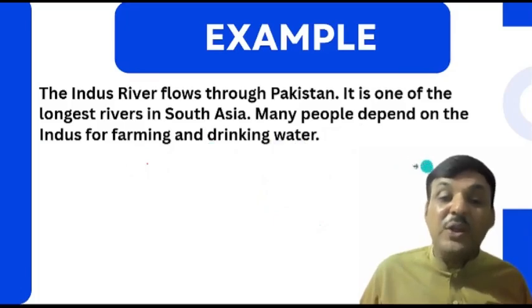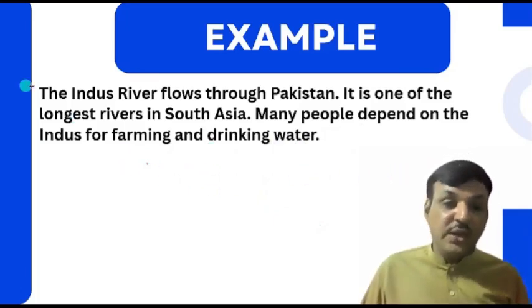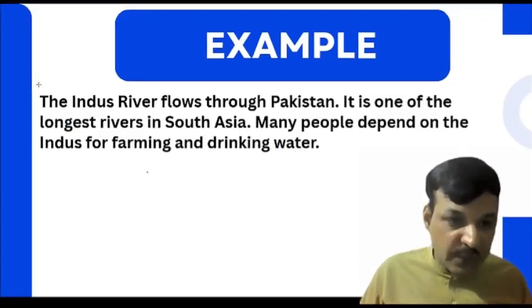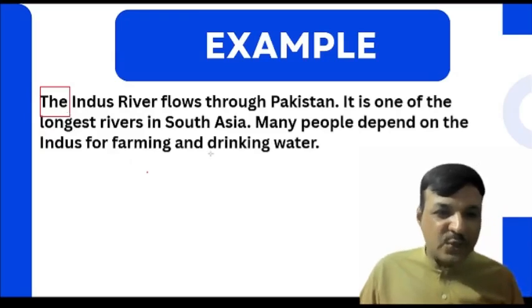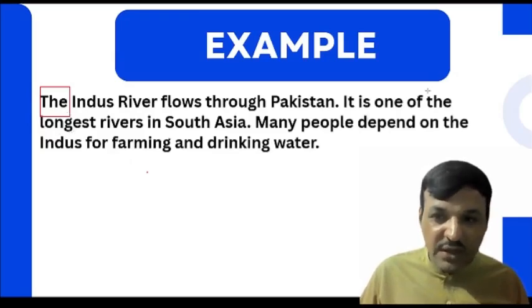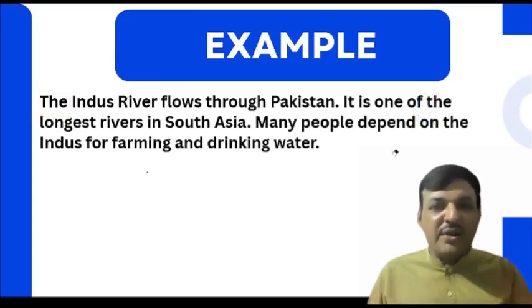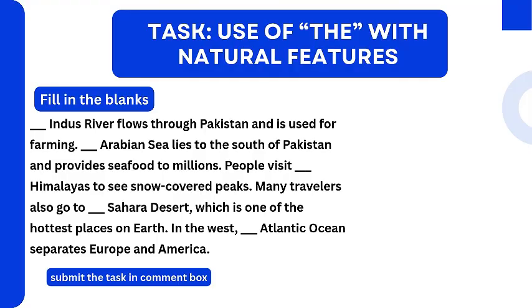Many people depend on the Indus for farming and drinking water. Here you can notice that with the Indus River, we have used the article. And if you go back a little to the 4th rule, longest is the superlative degree of the adjective, so "the" is used with it also. Now you understand better. It is your turn now. Go to the task and solve it.